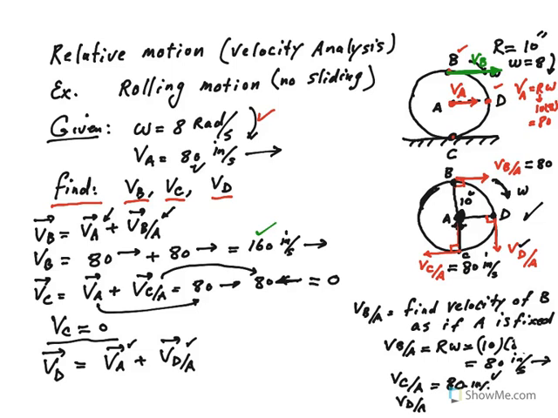Just the way that we got 80 inches per second here. Same story, 80 inches per second. But look at its direction. It's different now. It's downward, right? You see that? So velocity of A is 80 horizontal. Velocity of D relative to A is 80 downward. When you add 80 horizontal plus 80 vertical, what do you get?